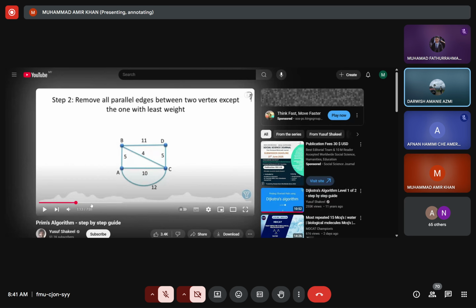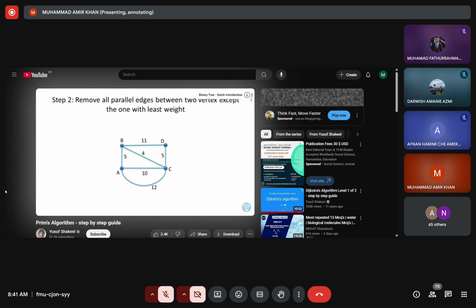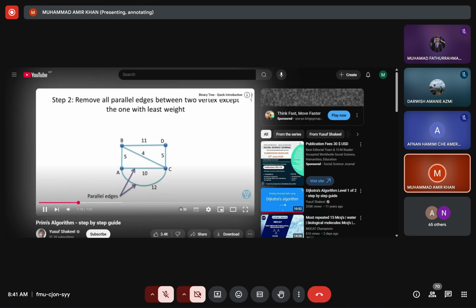So we will keep the one with the least weight, which is 10.